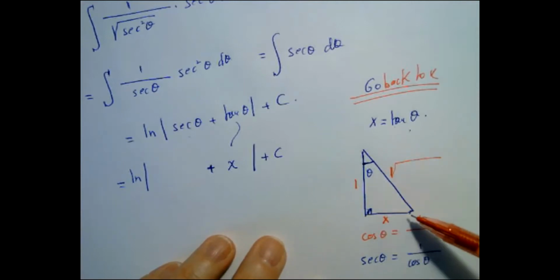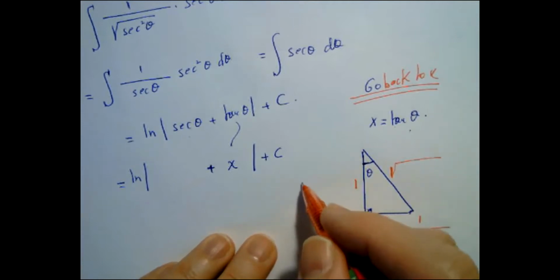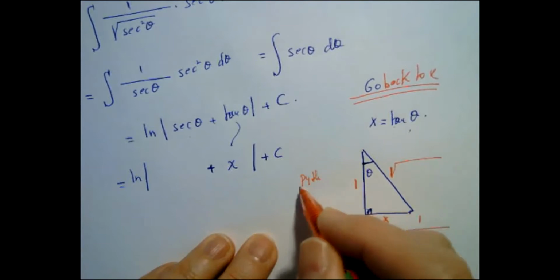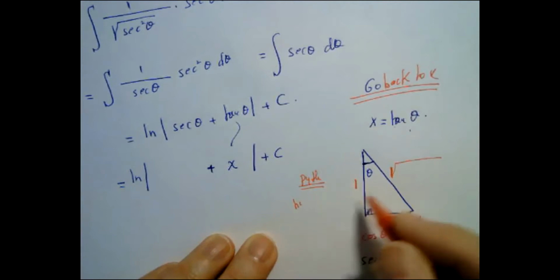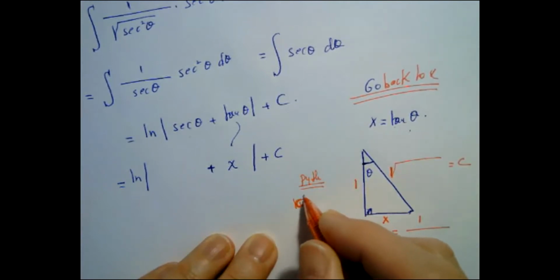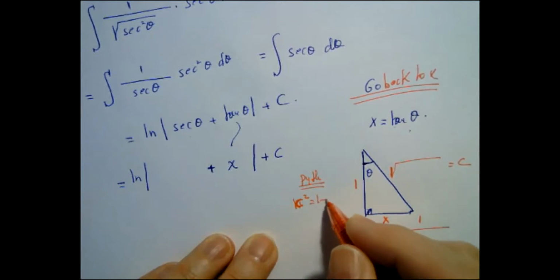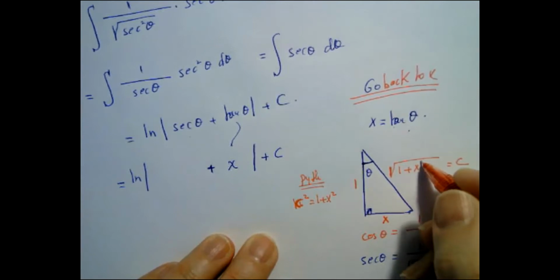But can I find the hypotenuse in my scenario? Is it easy? I'm going to use Pythagorean theorem. So Pythagorean theorem tells me that the hypotenuse, let me call this C, C squared is 1 plus x squared. So C is the square root of 1 plus x squared.